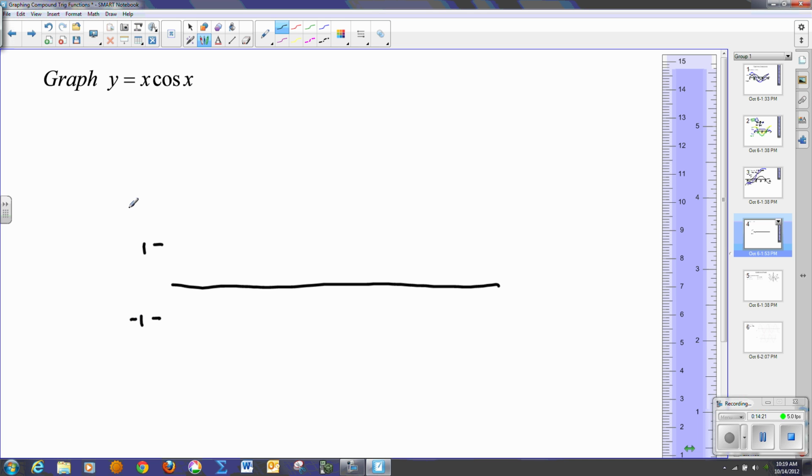We're going to put our 1.5s in there again so that we can match up appropriately. Put our pi/2 here. Pi, 3 pi/2, and 2 pi once again.